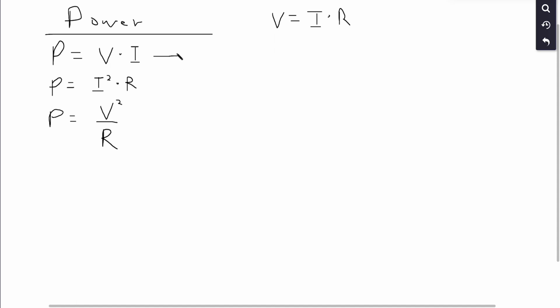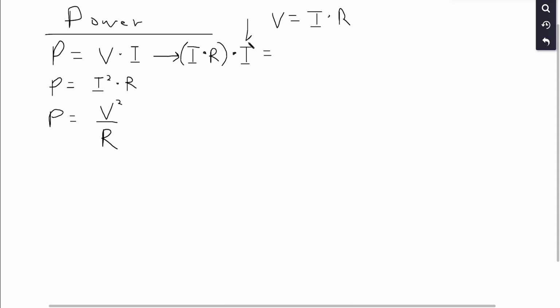So let's rewrite this using Ohm's law. Let's substitute in I times R for V, right? So it'll be I times R, this is V, right? So I'm going to put parentheses around it, times I, because we've substituted in for the V. So times I. If we multiply this out, now we have what?